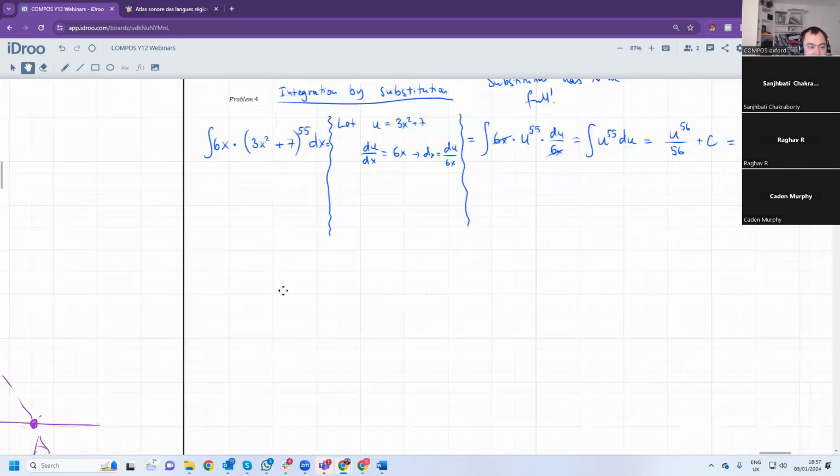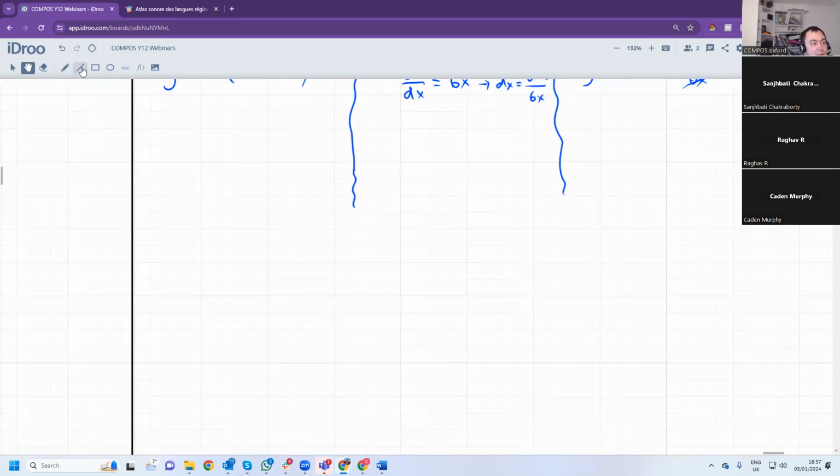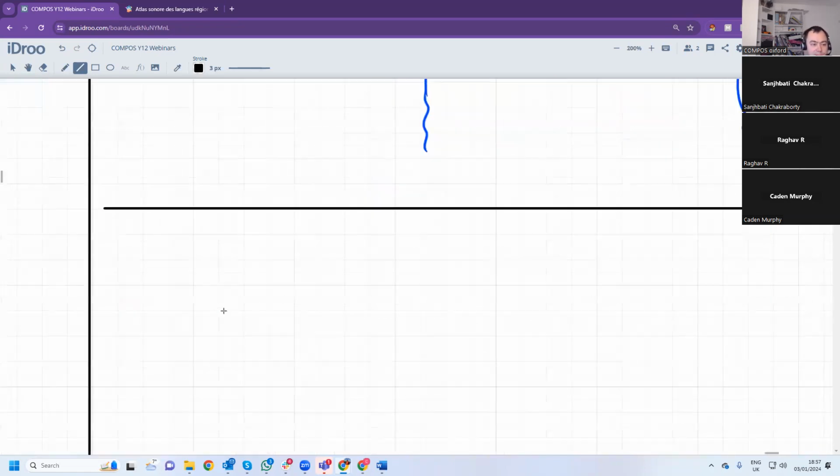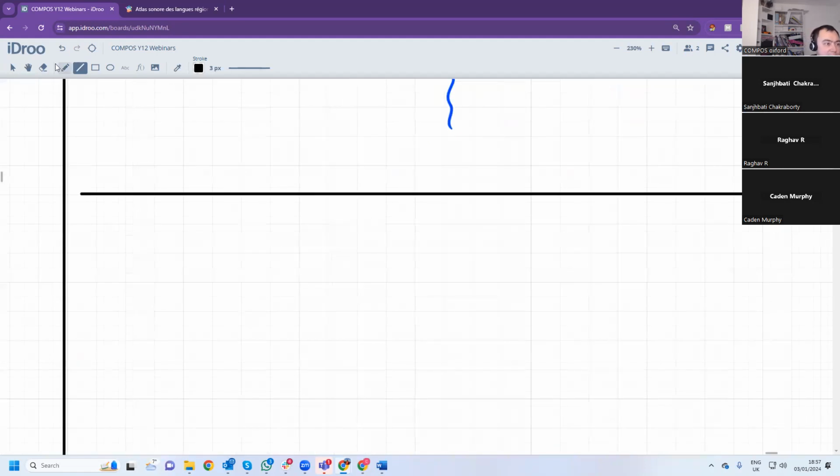Now, answering your question, it's not just notation, Caden. It's because if you remember, the derivative is the gradient. If you have a function, this is f of x.